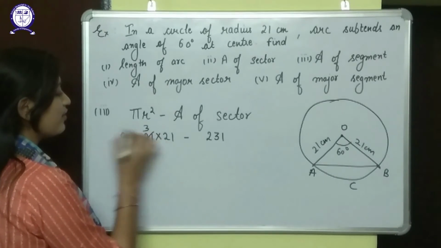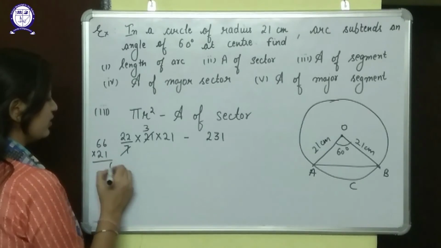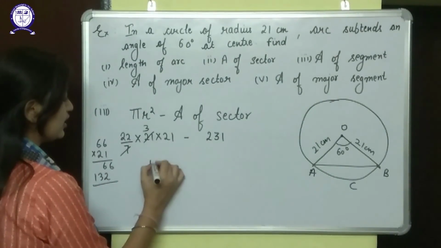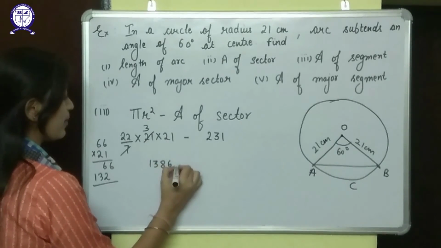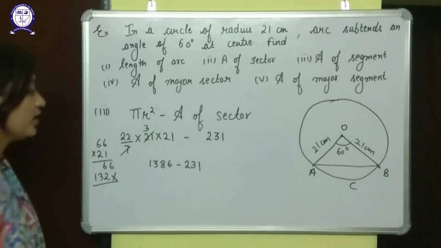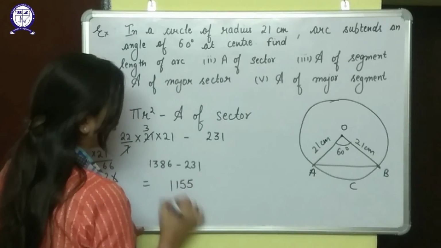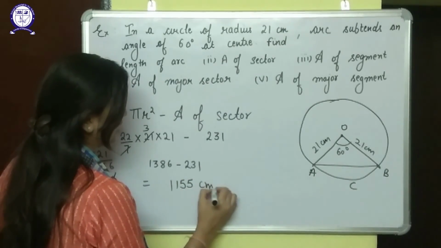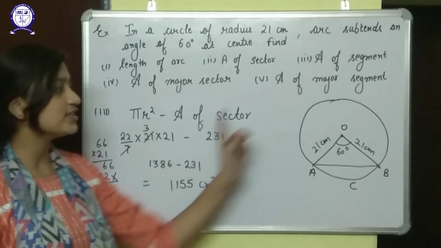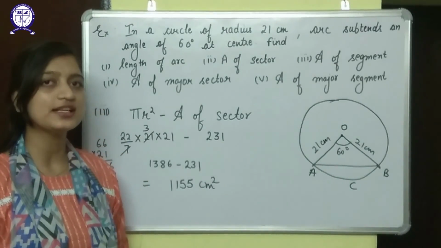Now by cutting them I will get 66 into 21. Okay, so this will be 1386 minus 231. So this is my 1155 centimeter square. This is the area of major sector. All we did is find the area of the circle and subtract the area of the minor sector.